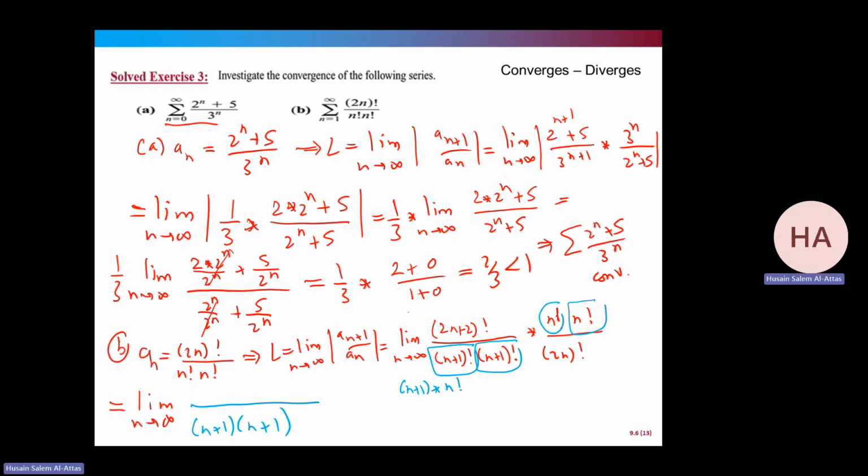If you notice, it's 2n factorial times 2n plus 1 times 2n plus 2. So this is cancelled. So I have 2n plus 1 times 2n plus 2. And what will be the answer? I have the same degree, so it will be 4 over 1, which is 4, greater than 1. So this series diverges.